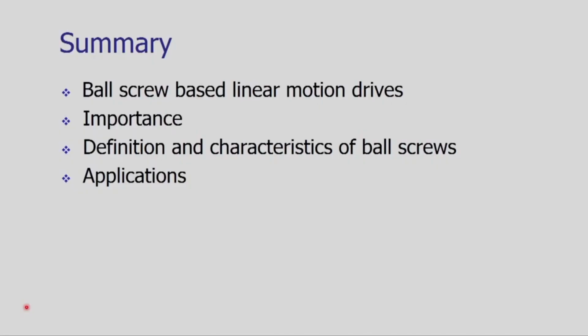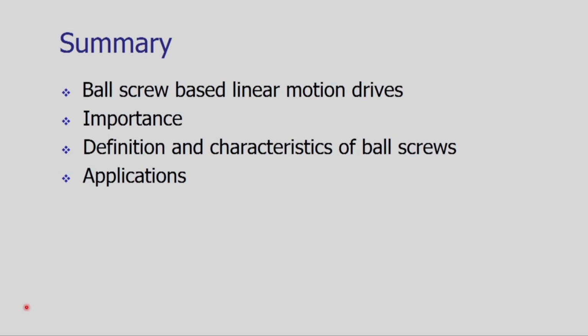Fine, we are at the end of lecture 2 now. Let me summarize. In this lecture, we studied a very important element in the mechanical systems of an automated machine or machinery, and that is the ball screw based linear motion drives. We studied the importance of the ball screw based linear motion drives.